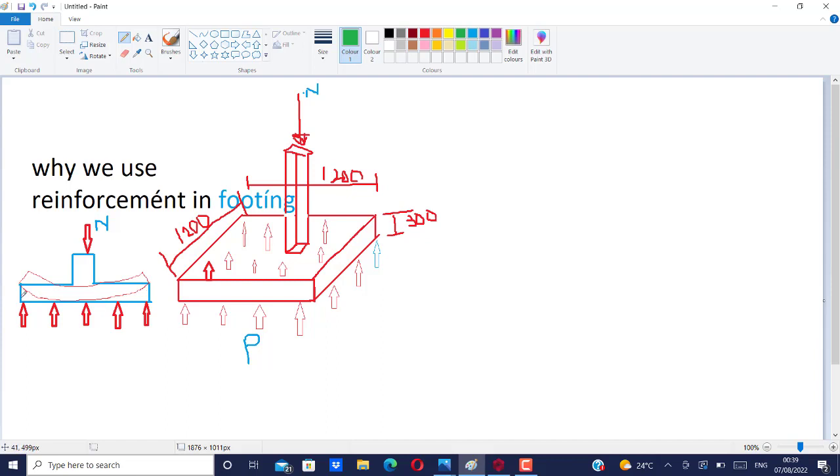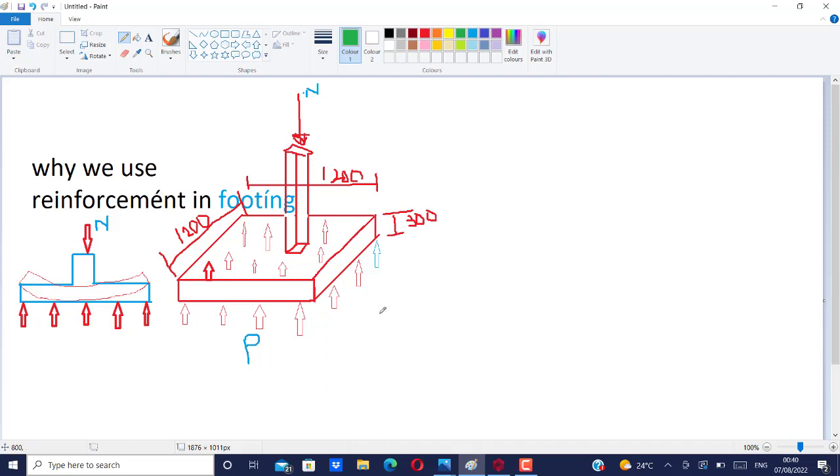So you need to provide reinforcement in order to stop this moment from taking place. That is the reason why we place reinforcement in footing. The reason is for you to arrest moment. And this reinforcement is meant to be at the very bottom of this footing.